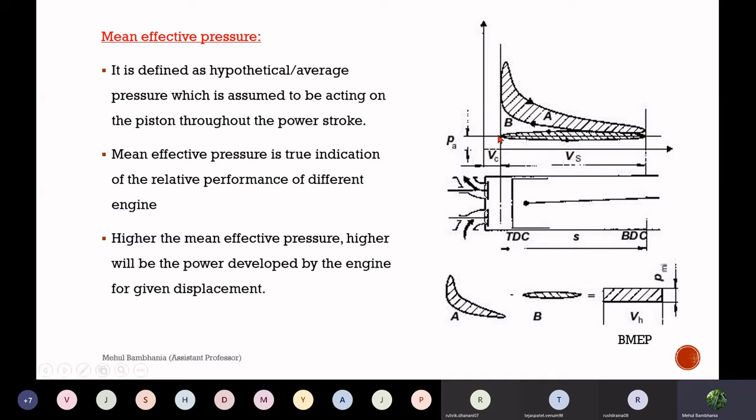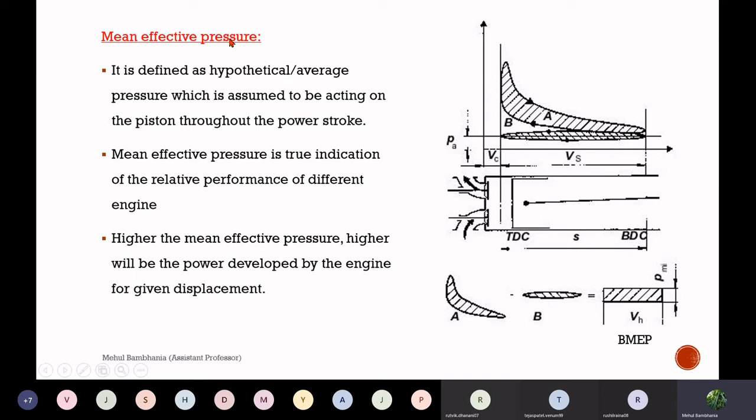It will suck in atmospheric pressure air, then compress it inside the cylinder, then it will expand. So during compression the pressure changes, and during expansion the pressure changes. Throughout the cycle we have different values of pressure, from atmospheric pressure to maximum pressure. When we find the average of these pressure values, we refer to it as the mean effective pressure of that cycle.